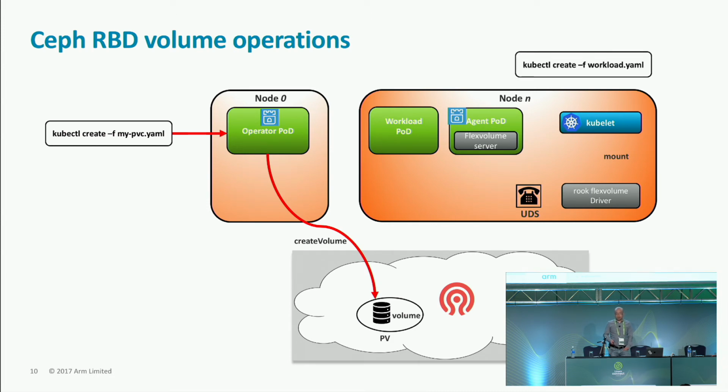So we use this command line to schedule the workload to a node. The node may not be the same node the operator is running on. So Kubernetes will call the Rook flex volume driver, and the Rook flex volume driver calls the flex volume server in the agent, and the agent will get the PV from the Ceph cluster, and after that, it will attach the volume to the node the workload is running on.